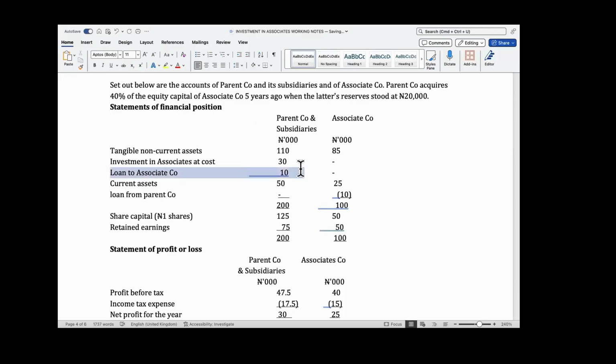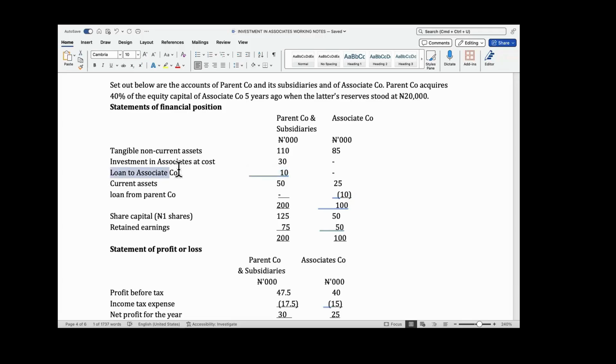Then we give a loan to the associate of 10, and there's a corresponding 10 in the books of the associate. Are we going to cancel this out? No. I already told you that there is no need to cancel out assets and liabilities because we don't consolidate. In fact, you would actually consolidate any other assets, any other interests that the parent has in the associate.